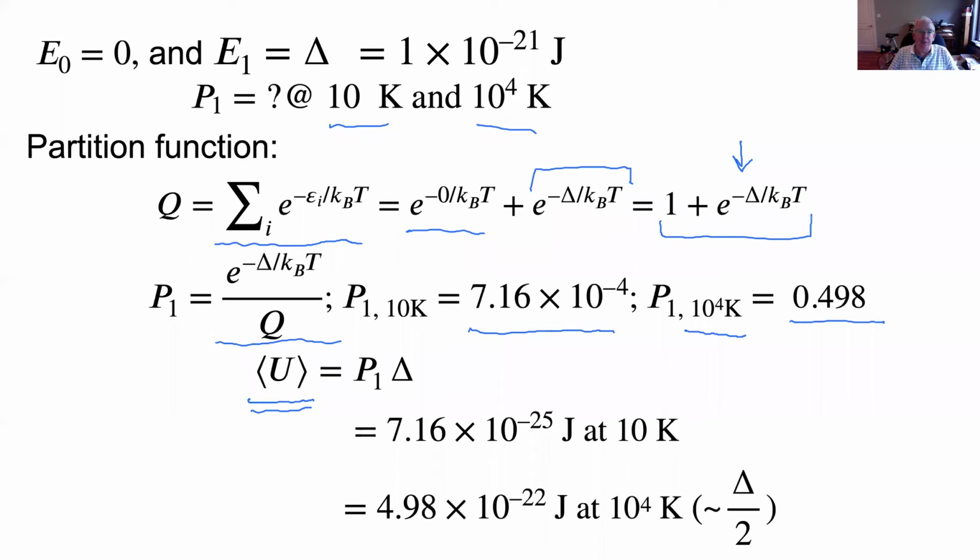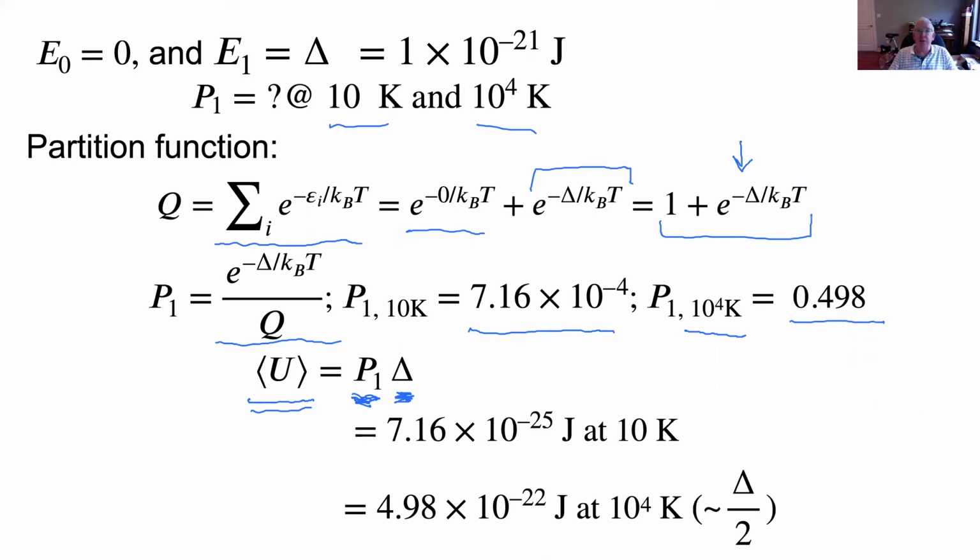In the first instance at 10 Kelvin, I would measure this, and almost every time I measured it, my particle would have zero energy. Once in a while, it would have found its way to the upper state. And so to find the average internal energy, all I have to do is take this population, or this probability, and multiply it by the energy of the upper state.